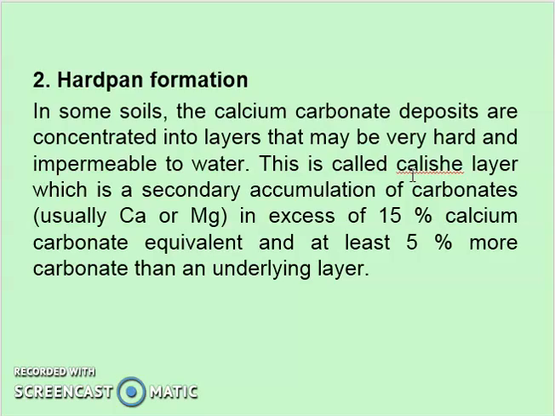This calcium bicarbonate moves to the deeper horizon and then precipitates when the water goes out or evaporates, or the water may be absorbed by the plant. Then the calcium bicarbonate precipitates in the form of calcium carbonate and accumulates step by step to form a hard pan like the following photo.